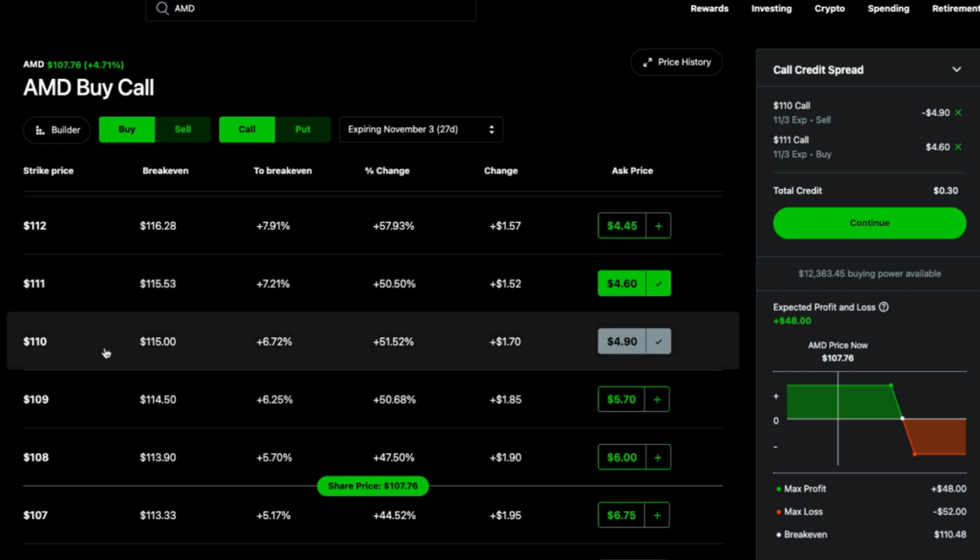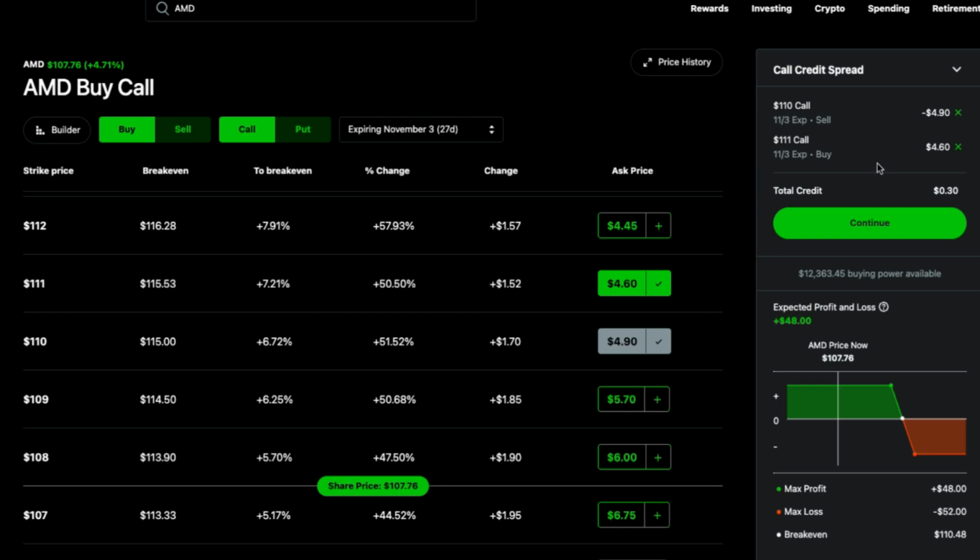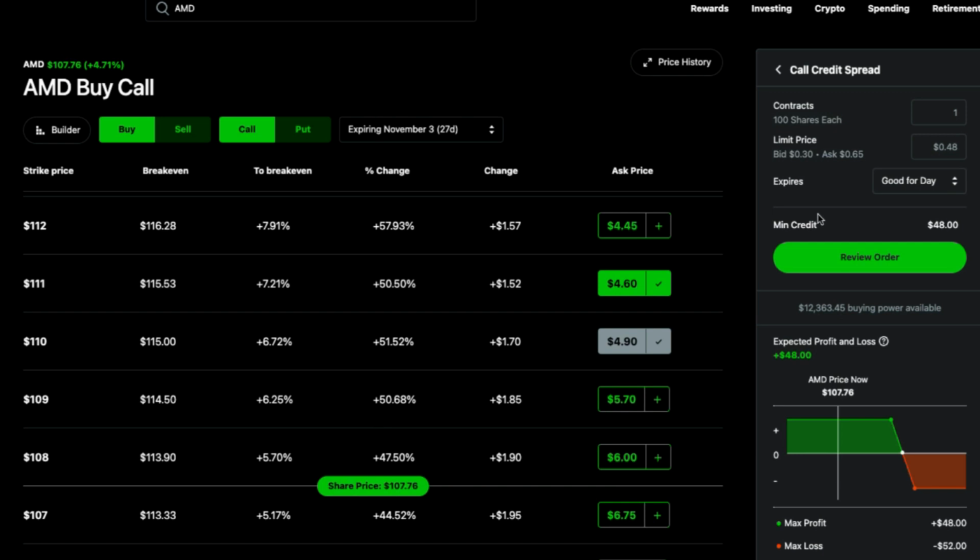It's a $100 spread. Now if you see, it shows 30 here, but as I showed, sometimes they display it here, but sometimes they don't display it here. So you have to be careful about that.